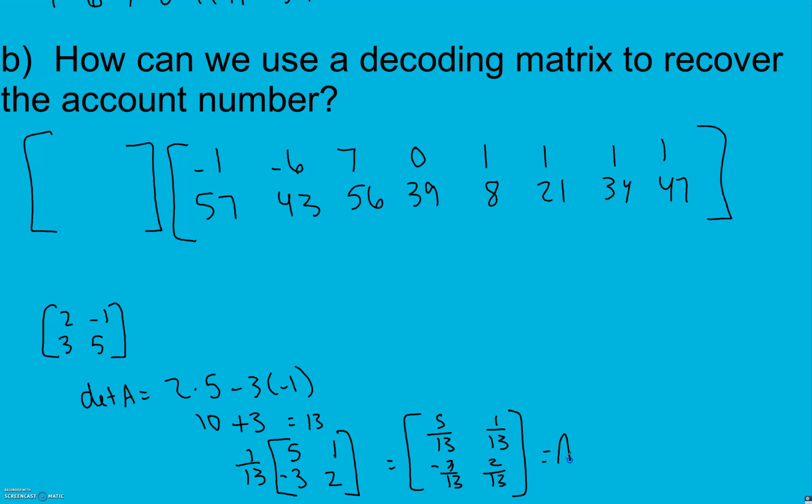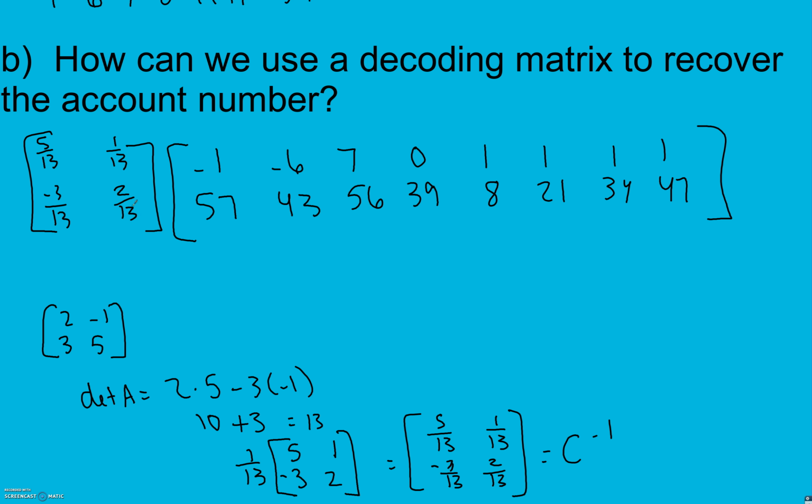And this is going to be the inverse of our coding matrix. So this is going to be the matrix that we use to multiply our encrypted card number back to get the original. So we're not going to spend time doing that. We're just going to multiply the same way we did up top.